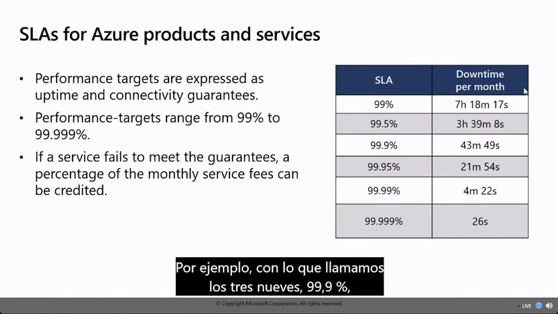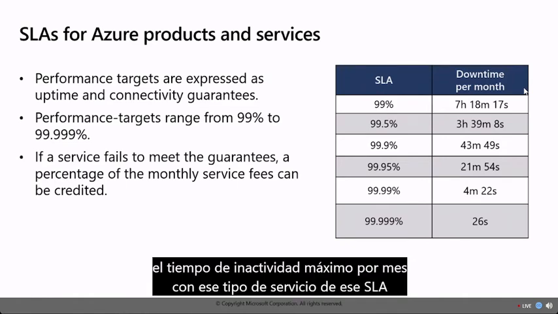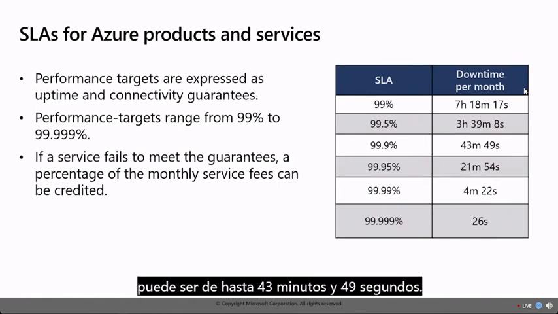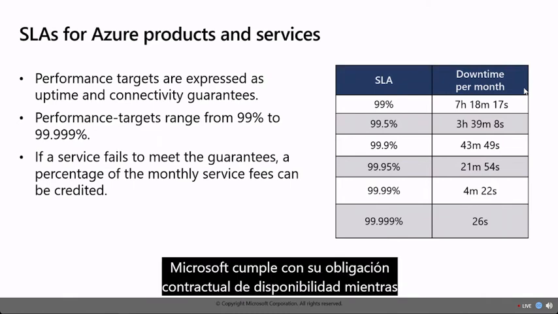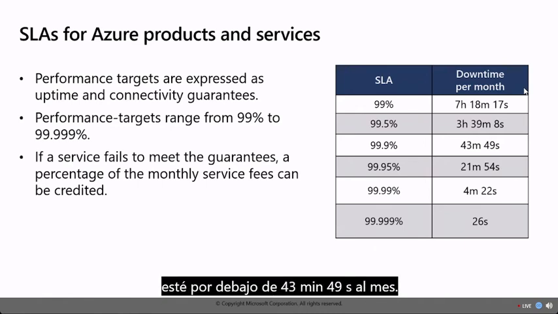Let's just say, for example, what we call 3 nines, that 99.9%, the maximum downtime per month with that type of service with that SLA can be up to 43 minutes and 49 seconds. Now, that doesn't mean that you will be down for 43 minutes and 49 seconds every single month, but that means that Microsoft is meeting their contractual obligation for availability as long as they're under 43 minutes and 49 seconds a month.